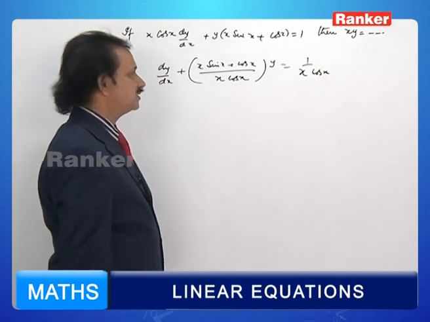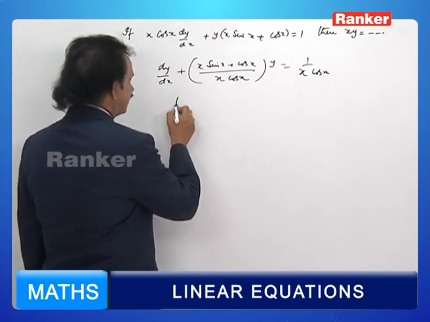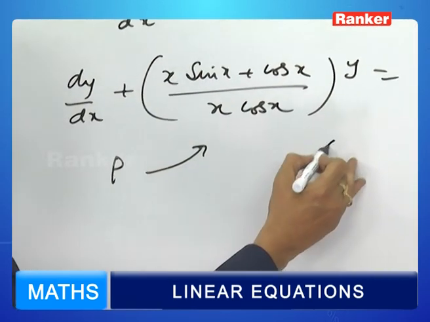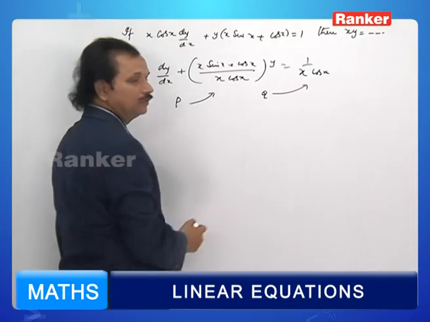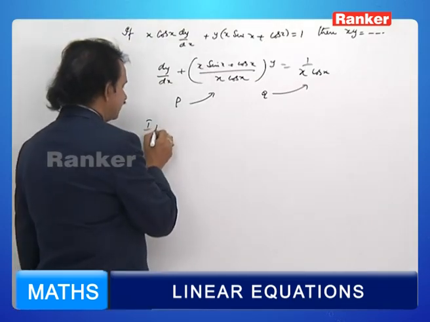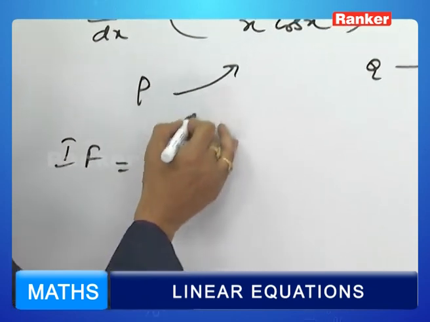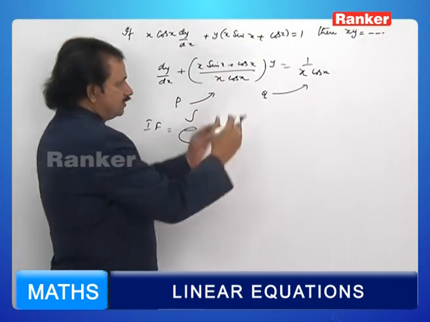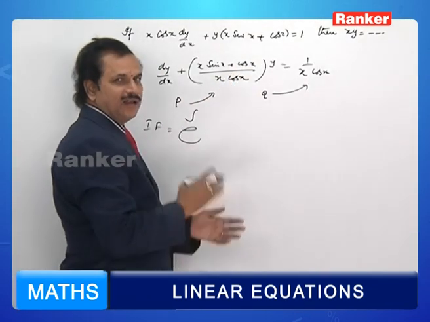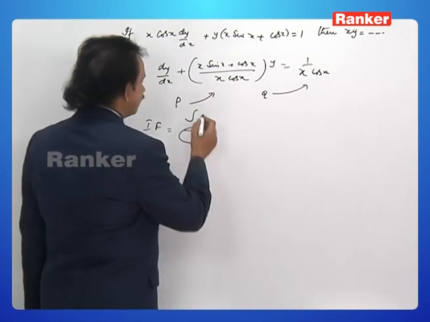Automatically this is P and this is Q. That is the integrating factor. IF is equal to e power integral P. This is a huge P. Let us cut it short.